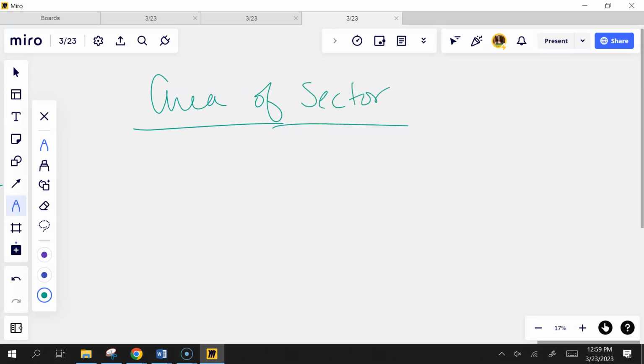The area of a sector. Here's what I'm thinking about. Same central angle. That right there. I'm talking about this area.